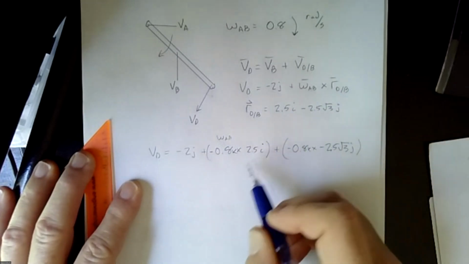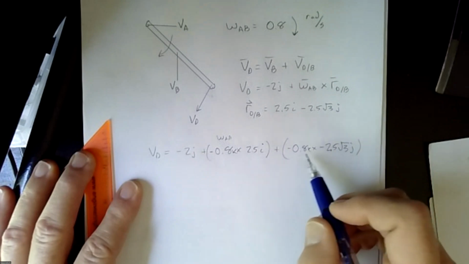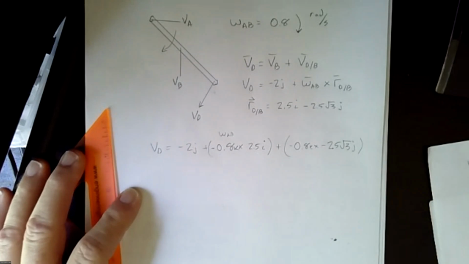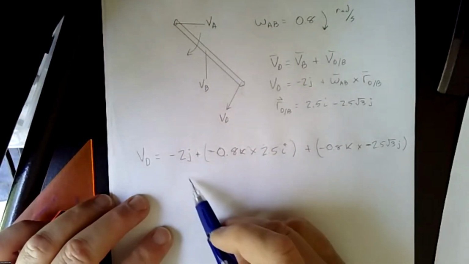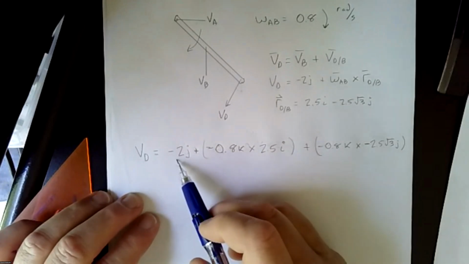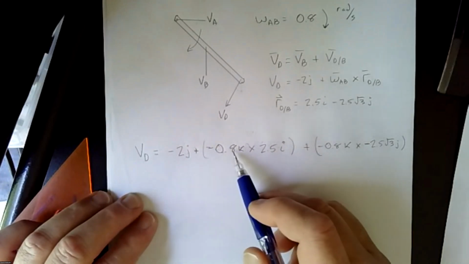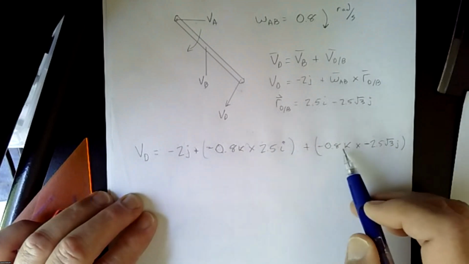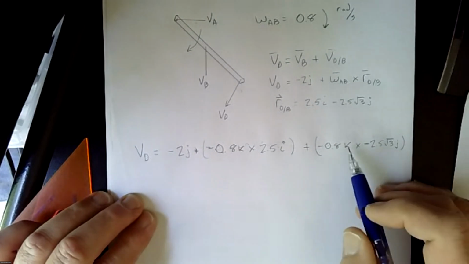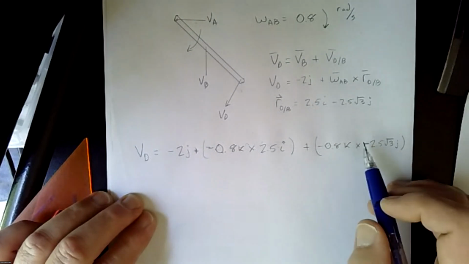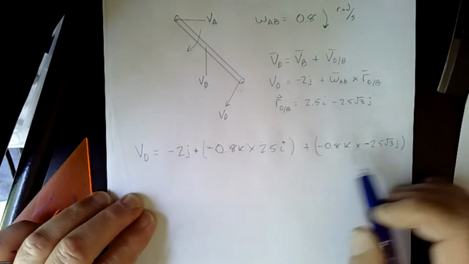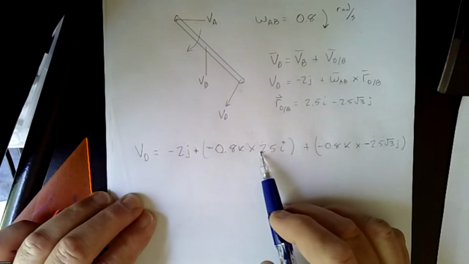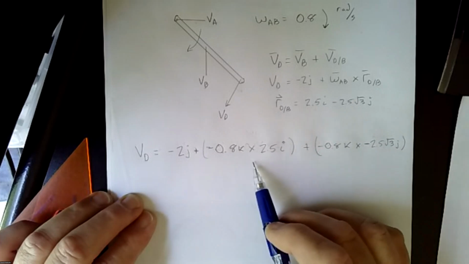So we have K cross I is going to give us a J, and then K cross J is going to give us an I. So our final answer, I rewrote it: negative 2J, and then that's going to be negative 0.8K cross 2.5I plus negative 0.8K cross negative 2.5 root 3J. But we know that K cross J is going to give us a negative I. So these negatives will cancel, but they'll come back because of negative I. This will be negative, and because K cross I is a positive J, it'll stay negative.